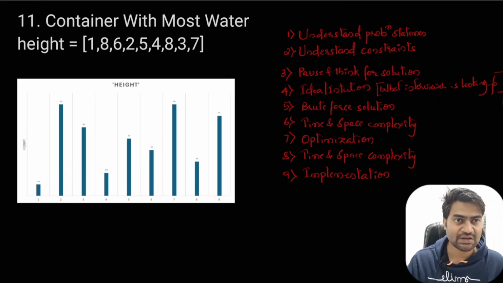We need to check between all the possible pairs of lines, find the area, and then take the maximum out of it. That is what the problem states here, and we have already seen the constraints. Maybe you can pause for a second, think about any possible solution, and then come back to the video.